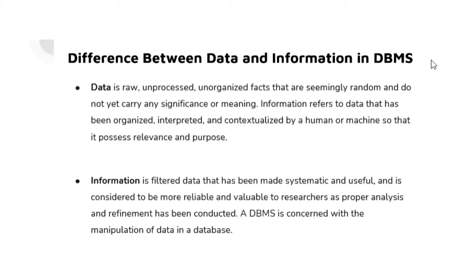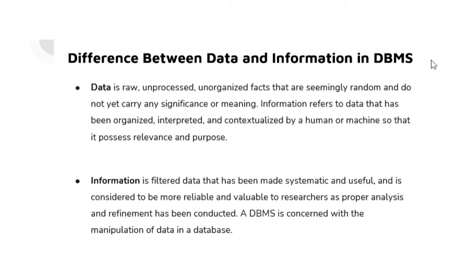Now, what is the difference between data and information in DBMS? Data is raw, unprocessed, unorganized facts that are seemingly random and don't yet carry any significant meaning. On the other hand, information refers to processed data.